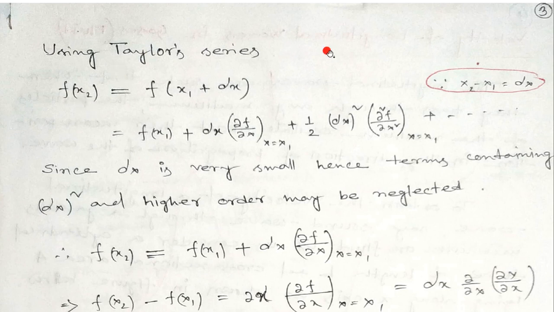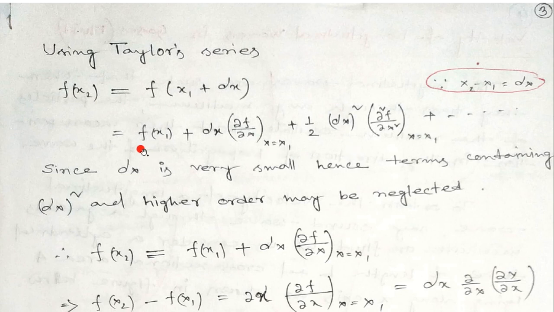So, since x2 may be written in terms of x1 plus delta x, this function may be expanded using Taylor series around x1 like this.